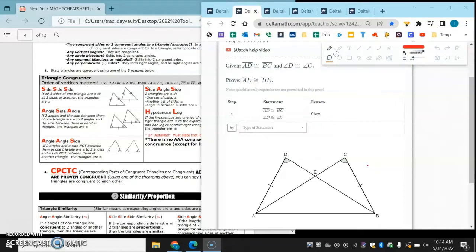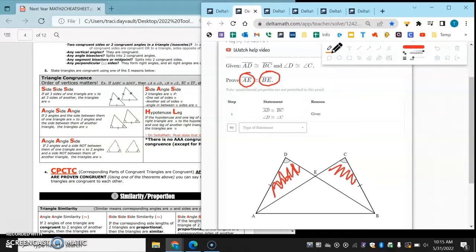And I'm not sure yet, if I'm looking at this, do I want to prove that these 2 kind of littler triangles are congruent? Or do I want to prove this whole big triangle and this whole big triangle are congruent? Let's figure out if the sides that we're trying to find are going to be part of this little triangle and this little triangle, or the big ones.